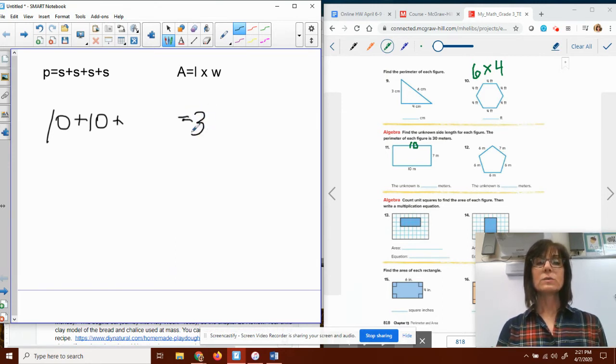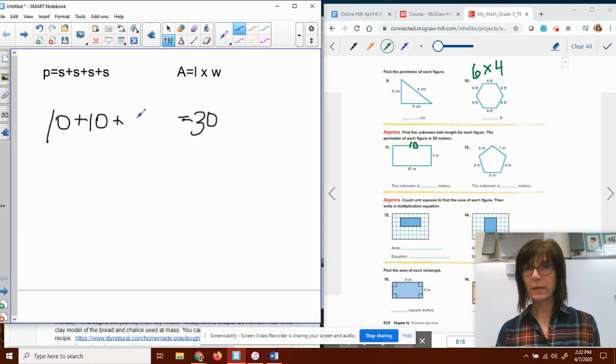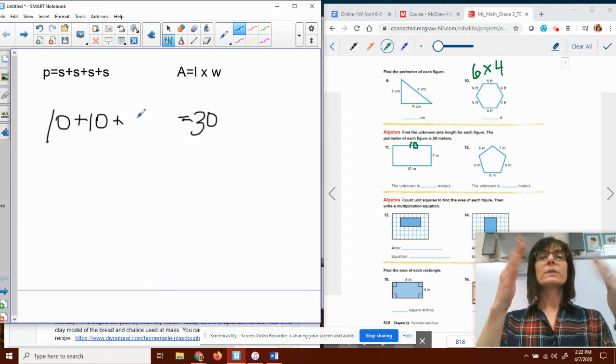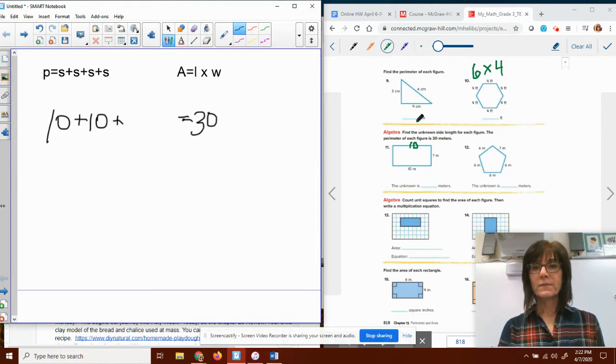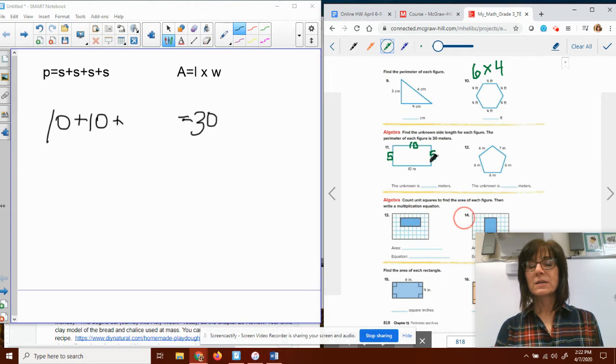I have to use some logical reasoning. I know 10 plus 10 is 20. I know 30 minus 20 is 10. Well, if I have 10 that I have to divide into 2 sides, very easily, 10 divided by 2 is 5. So I now know all the sides of my rectangle.